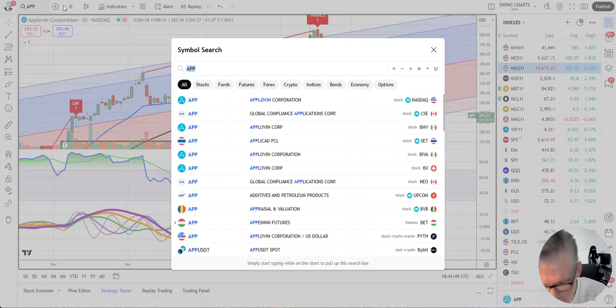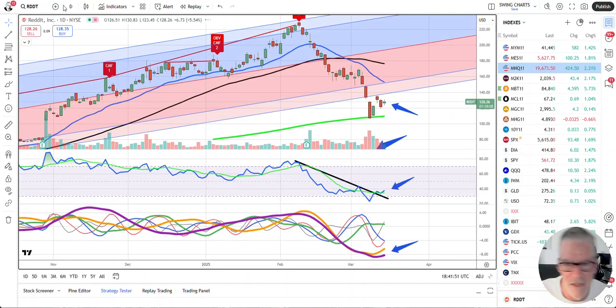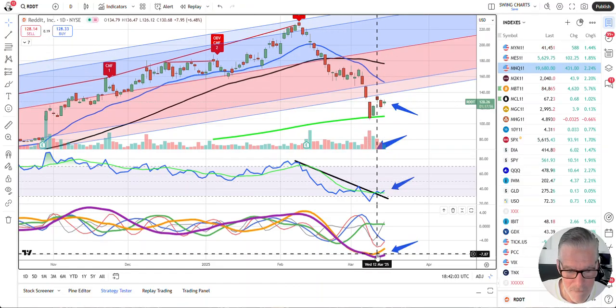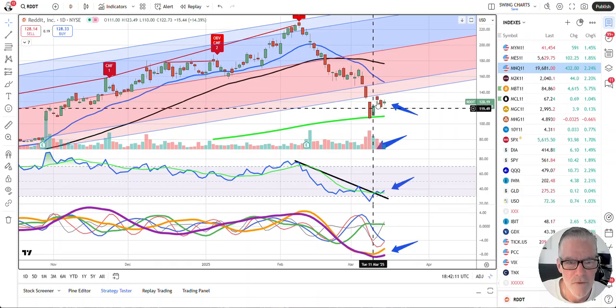You're going to see something very similar with Reddit. I'm not really a fan of Reddit as either a company or a stock, but it is an exciting stock to trade, and it's quite similar to APP here, right? We've got the RSI breakout. We've got both of the longer term cycles, if this makes any difference at all, down here at the bottom, curling higher. We've got outperformance.